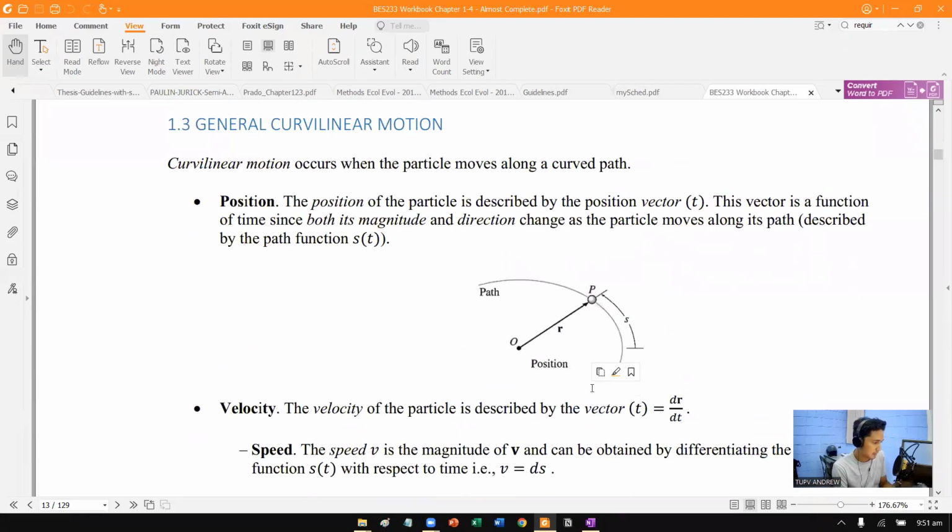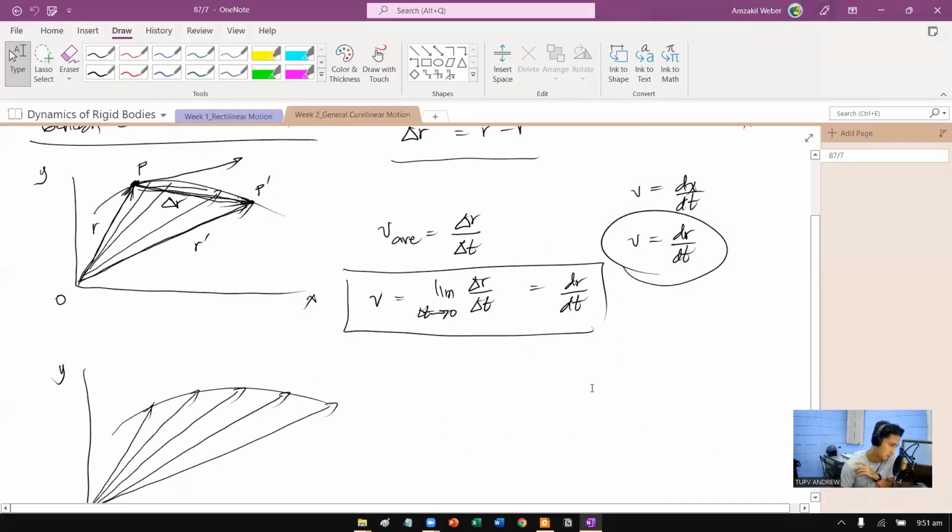Okay, in our thought experiment, as the angle between the final position and the initial position gets smaller, we see that the secant becomes tangent at the point of the initial position.